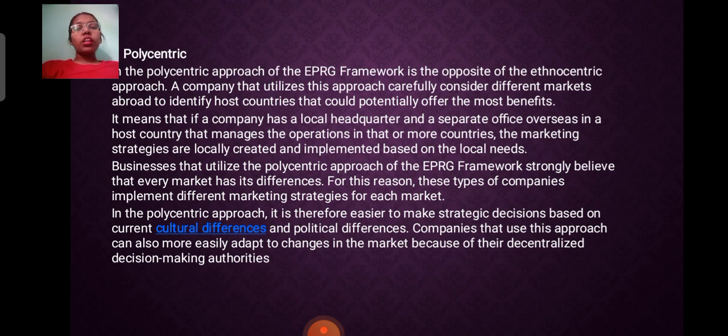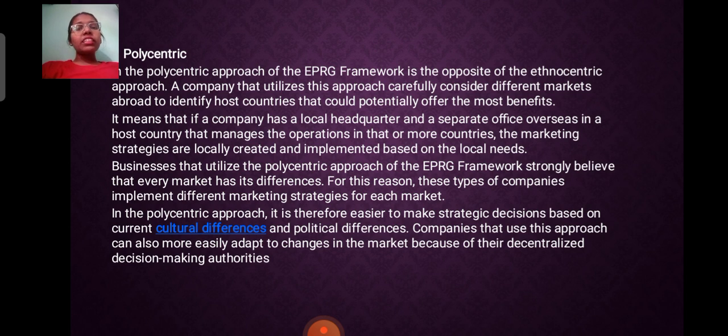Polycentric approach. The polycentric approach of the EPRG framework is the opposite of the ethnocentric approach. A company that utilizes this approach carefully considers different markets abroad to identify host countries that could potentially offer the most benefits.